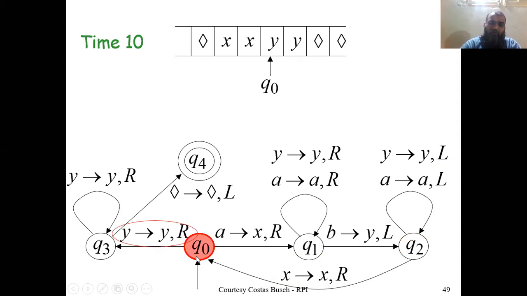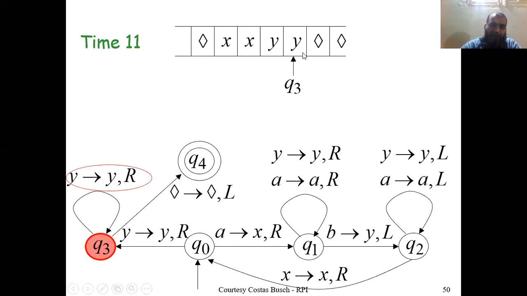You are on Q naught, but when you are on Q naught, your pointer is on Y instead of A, because there is no A. So the transition from Q naught to Q1 will not take place. The transition from Q naught to Q3 will take place now because you are pointing to the Y. So you read Y, write Y, and you are in the Q3 state.